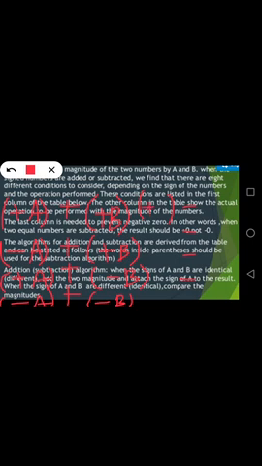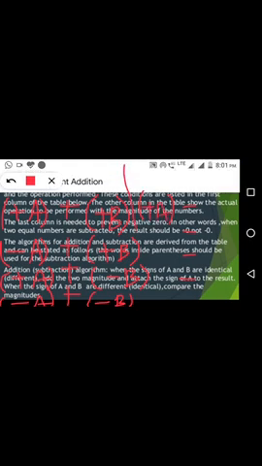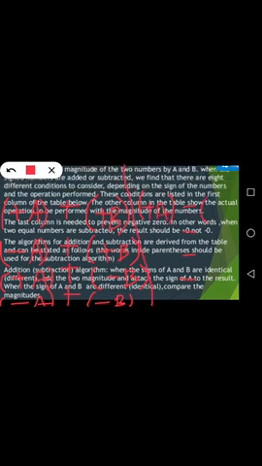Similarly, we have plus A plus B, minus A plus B, plus A minus B, and minus A minus B. So these are the different 8 conditions.